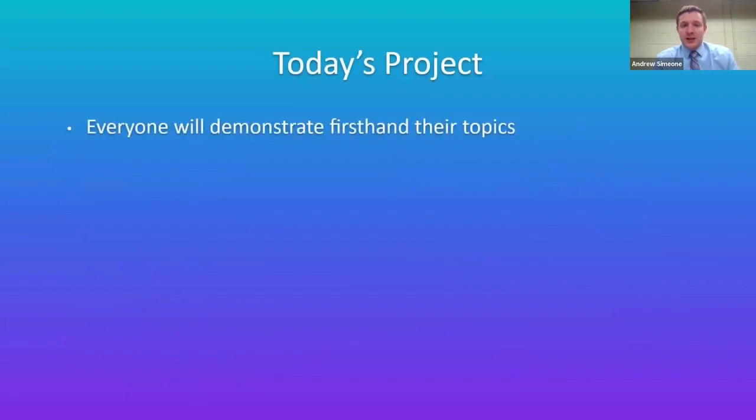So today's project: Minnie and Kara will be demonstrating what they're going to be covering to you using Canva. So that may mean creating a poster from scratch and examining all the different elements that go into it.